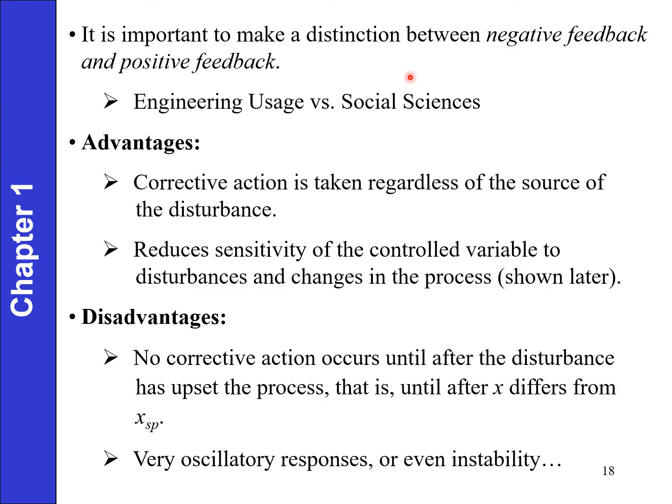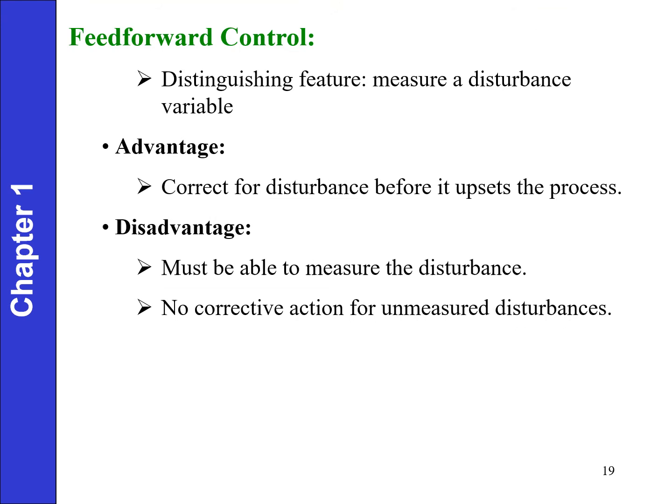This slide just gives the advantages and disadvantages of negative feedback and positive feedback. And this one is about feedforward control, another type of terminology that we are going to encounter in this course. Before this, we called it feedback control.